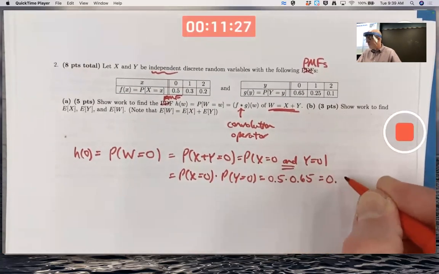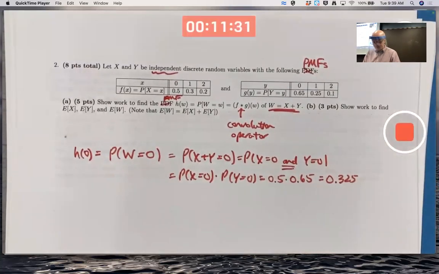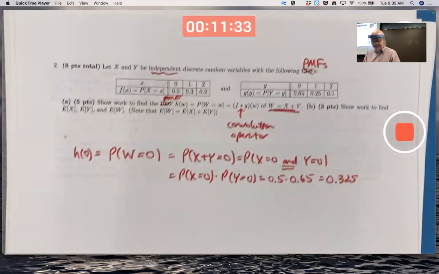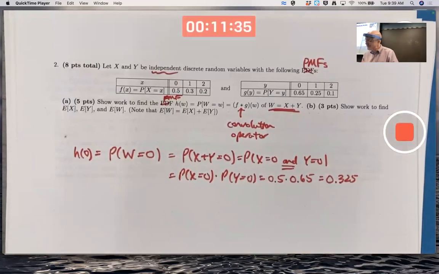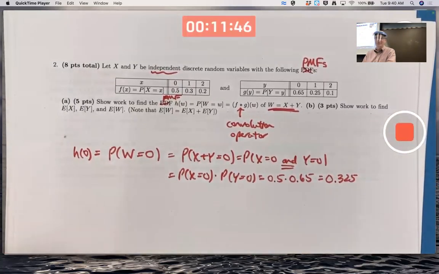Multiply those, you'll get 0.325. Check my arithmetic. Yes, 0.325. So there's the probability that W equals 0. That's the value of the PMF h at W equals 0.